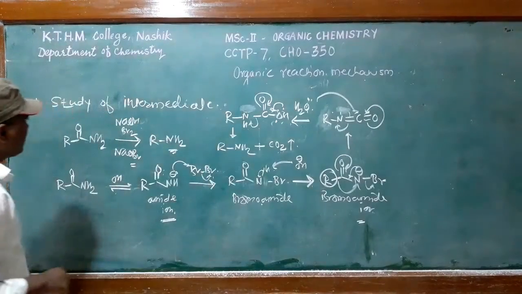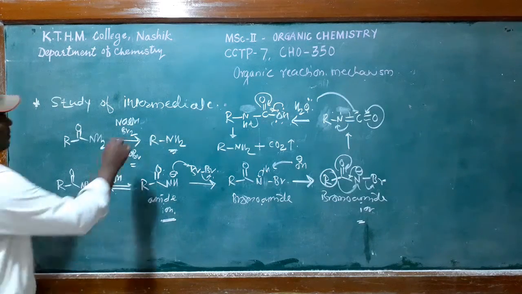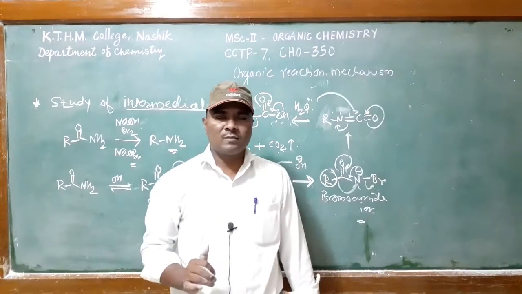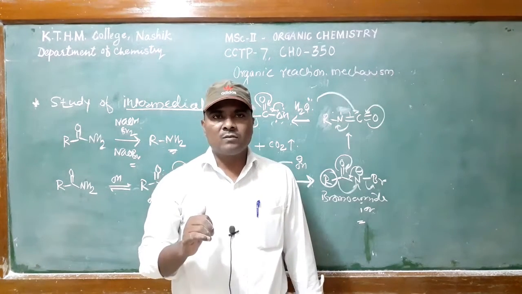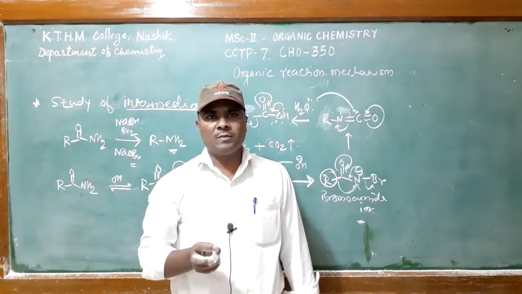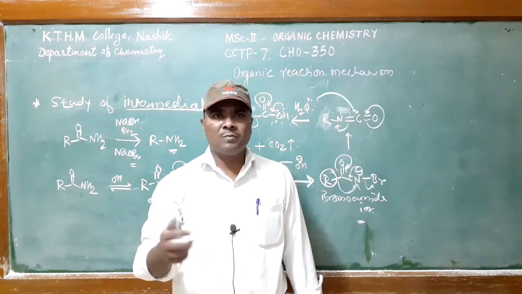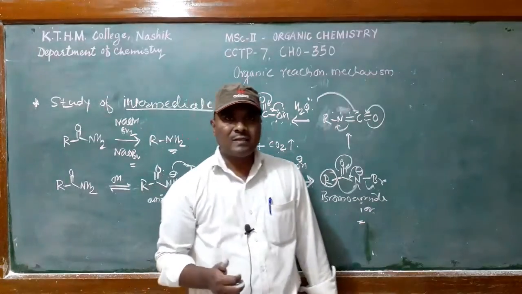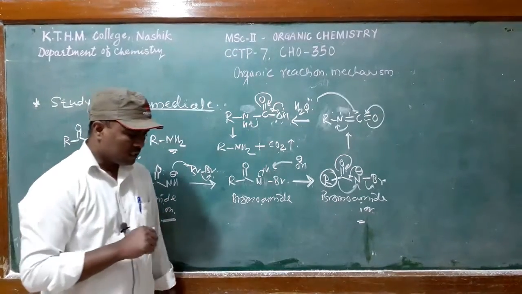So what I wanted to tell is that, as I said, either by isolating the intermediates and characterizing them with different spectroscopic techniques and physical methods, by NMR, by mass, by flash photolysis, or, if a radical is there, by ESR, electron spin resonance, one can determine the reaction mechanism.